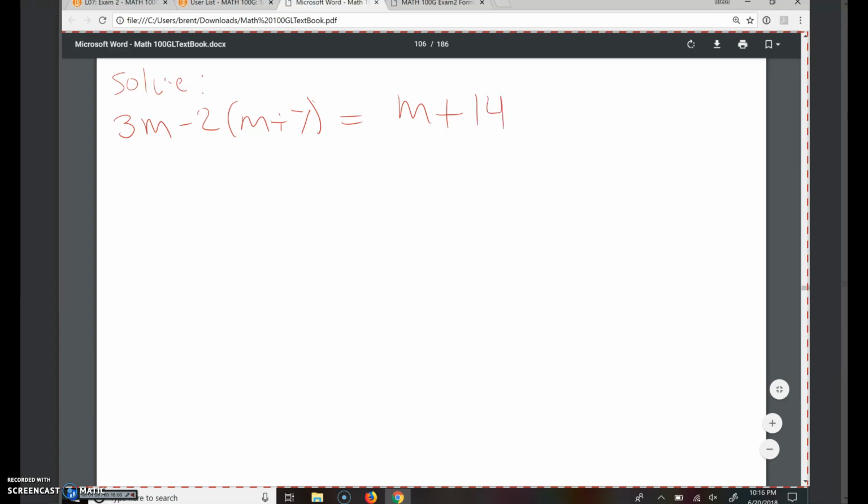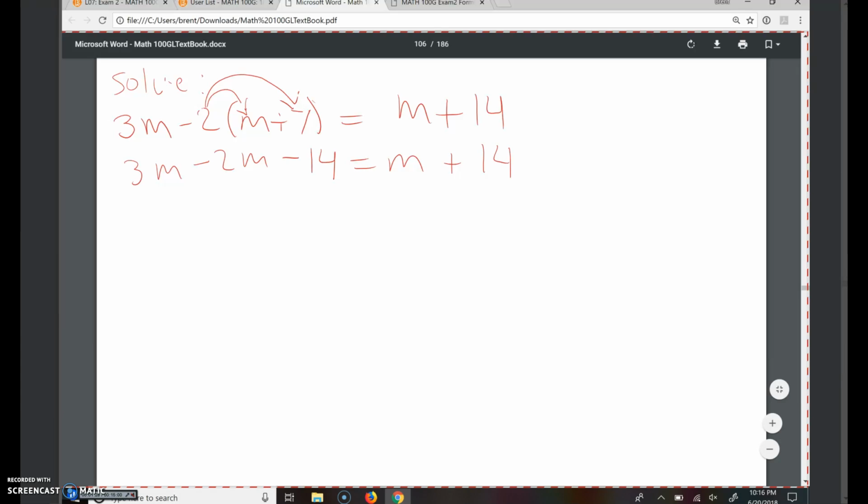First you want to distribute this -2 to the m and also to the 7. So I'm going to rewrite it as 3m minus 2m, and then the minus goes with this 2. You're distributing a -2, not just the 2. So then it's minus, and 2 times 7 is 14, equals m plus 14.